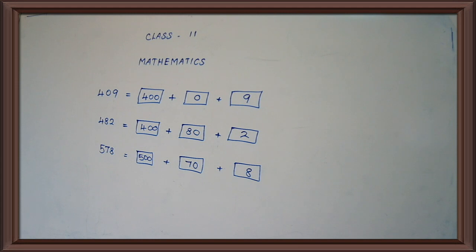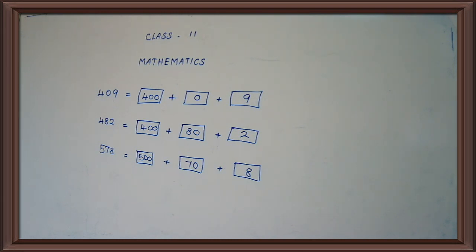254. How many ones is here? 4. Yes. 4 ones. How many tens? 5 tens means 50. Okay. Then how many 100? 200.